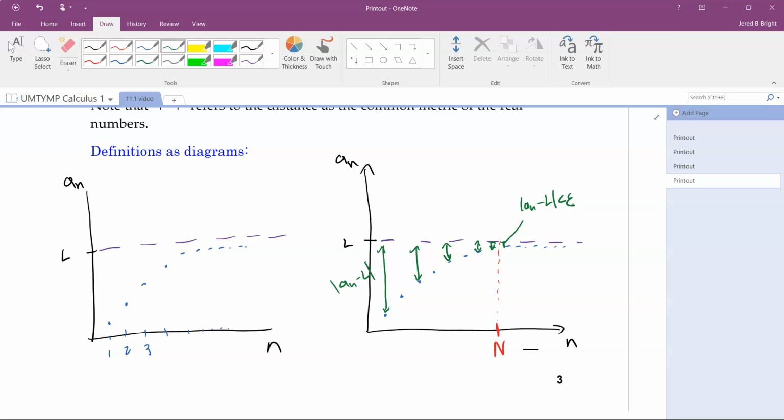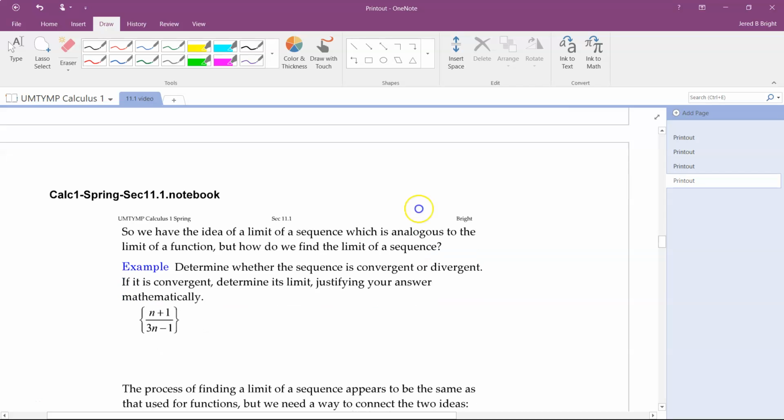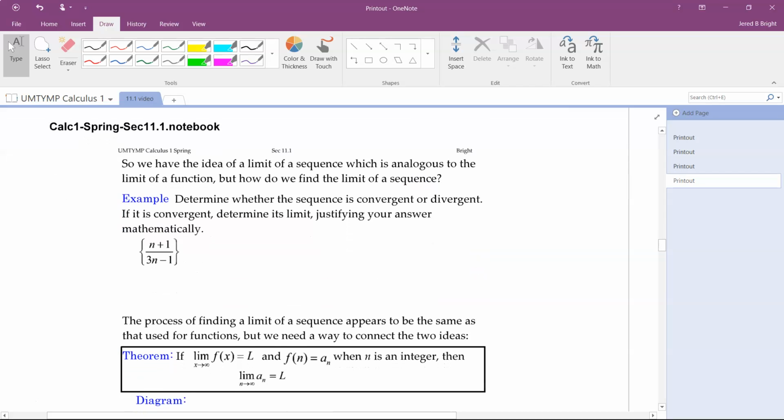So we have this idea of a limit, and now we want to be able to find the limit. We can say there is a limit, but we want to be able to find it. Just looking at an example here, we want to determine whether the sequence is convergent or divergent, and then if it is convergent, find its limit. How do we do this? Imagine that this was like saying f of x is equal to x plus 1 over 3x minus 1.